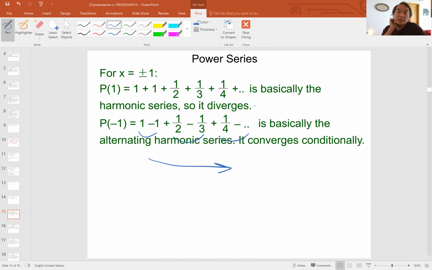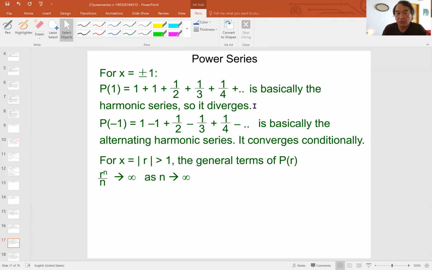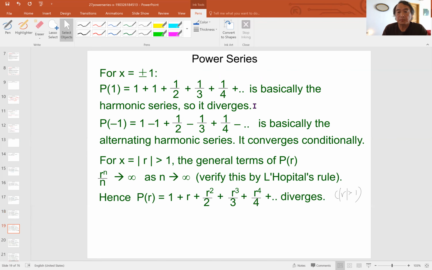So this will converge to a number. This sum and difference will funnel back and forth to a limit, but its absolute value is a harmonic series, which diverges.